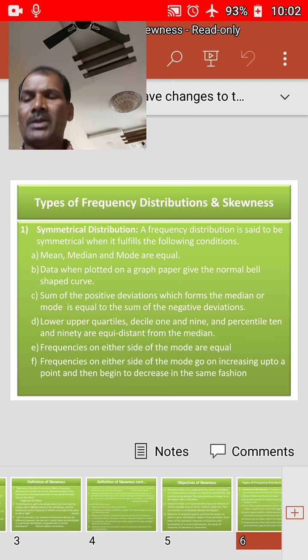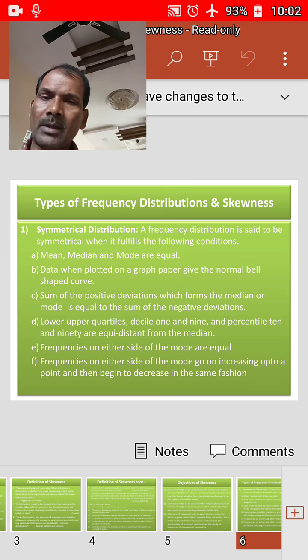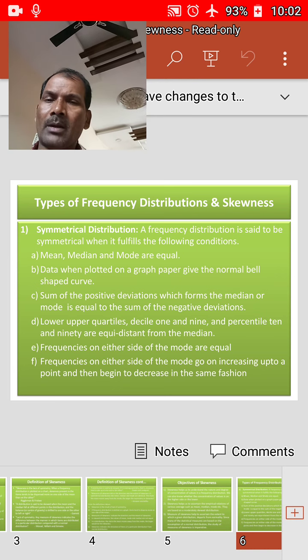While some of the frequency distributions are symmetrical and bell-shaped or normal, others are symmetrical but not bell-shaped. That means if they are symmetrical, they may not be bell-shaped. Under a few circumstances, they may not be found as bell shape. We will see some of them.